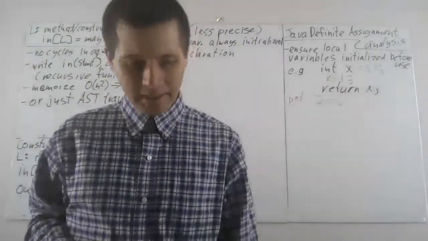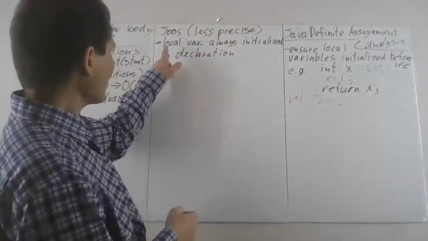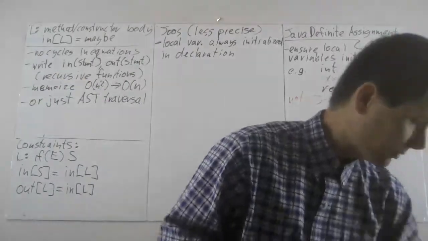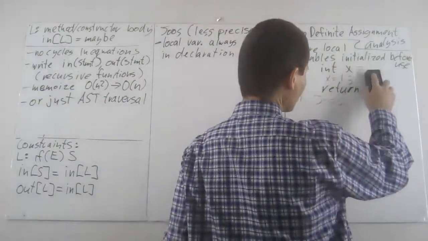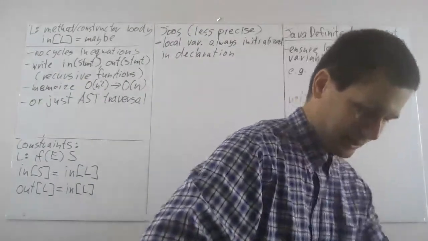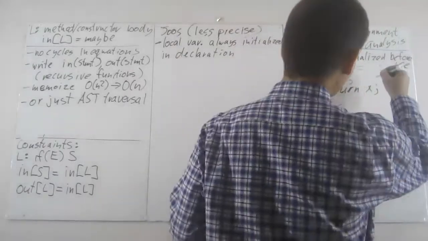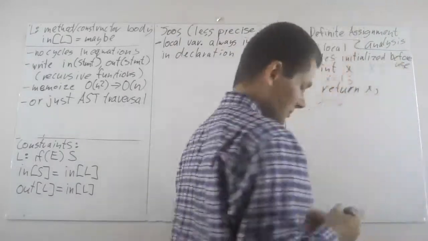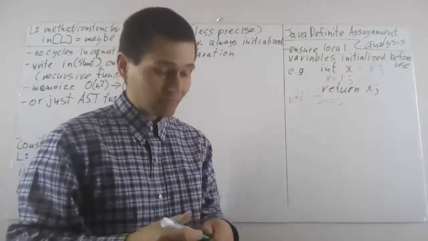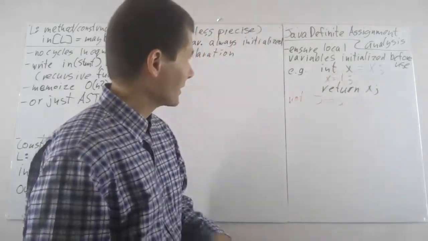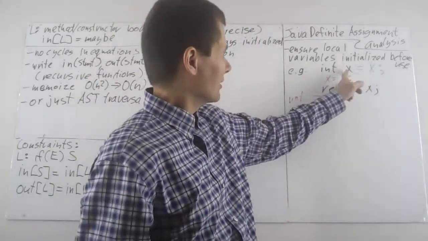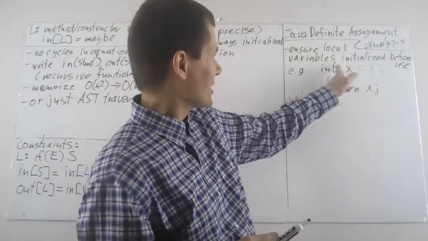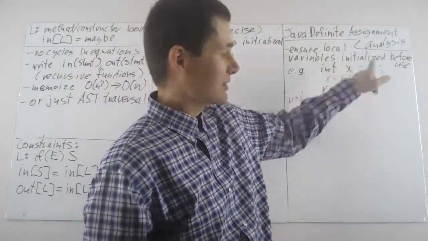All right, and there's one other trick that you need for JUICE. The other thing that could go wrong is if I said int x equals x. Syntactically, this is fine in that x has an initializer, right?